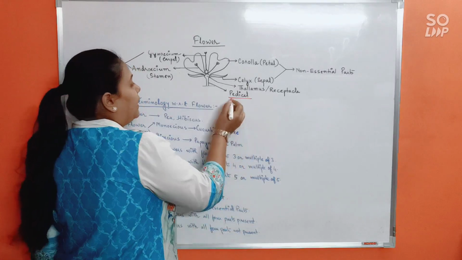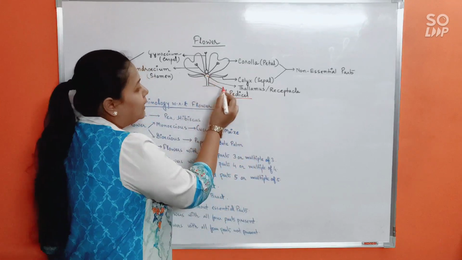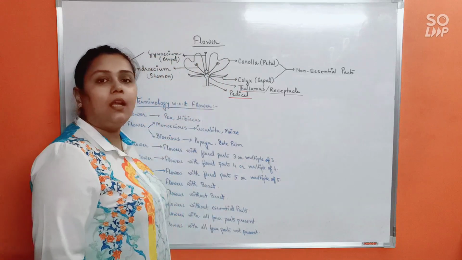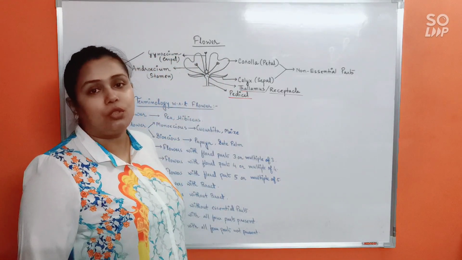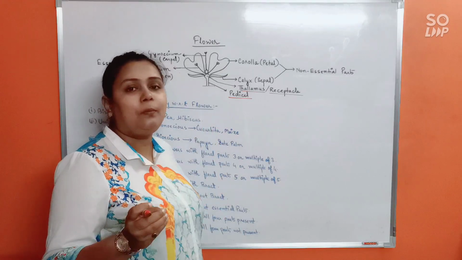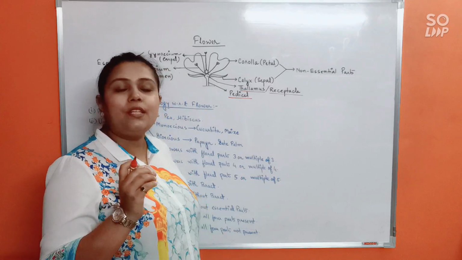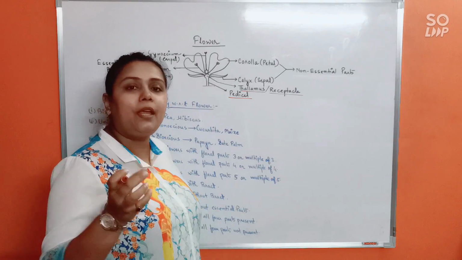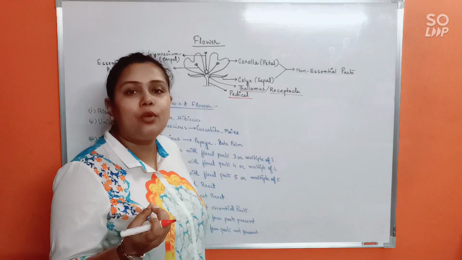So the pedicel would eventually end in a swollen point, and that is known as the thalamus or receptacle. Thalamus or receptacle is a modified condensed shoot. In the thalamus, many nodes will be present, but internodal growth is absent. Because internodal growth is absent, you know very well that all the nodes would remain condensed at a point. And from the nodes, what is supposed to arise?